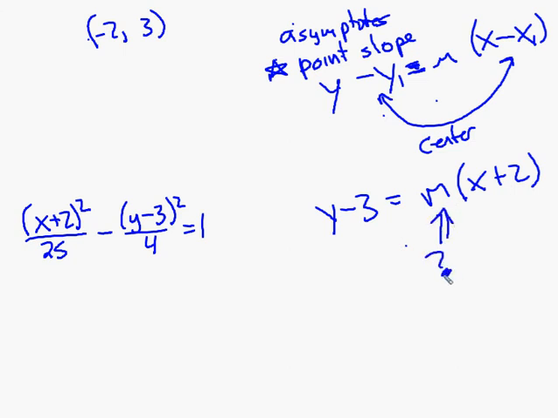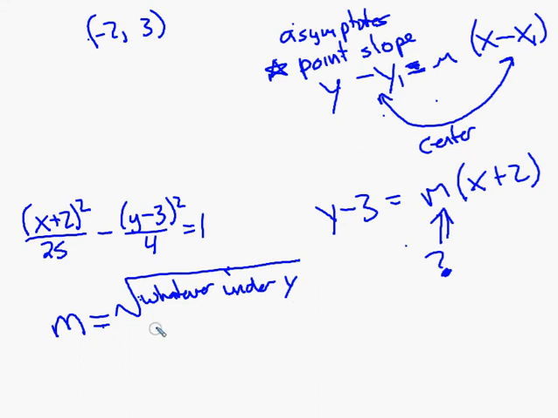Now, I hope you do better at remembering this than the seniors did. Okay? Our slope for our asymptotes is always the square root of whatever is under y, no matter where it is in my formula, over the square root of whatever is under x.